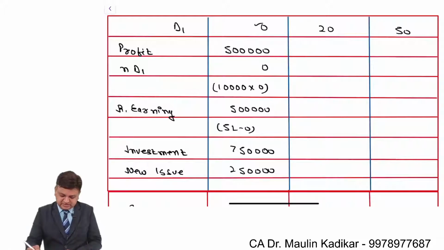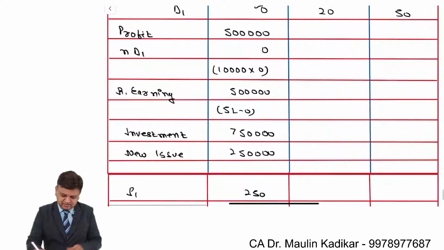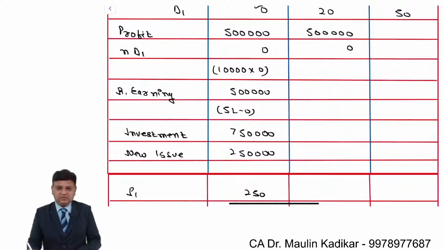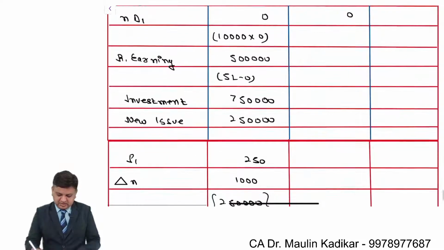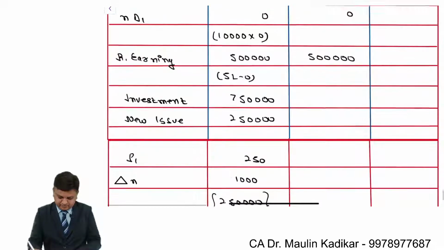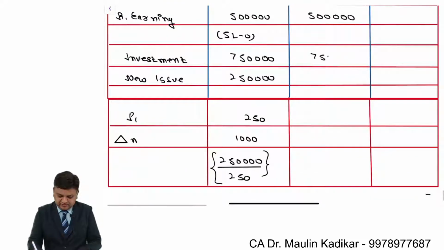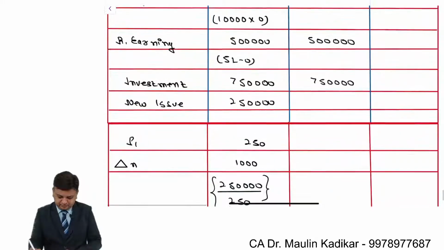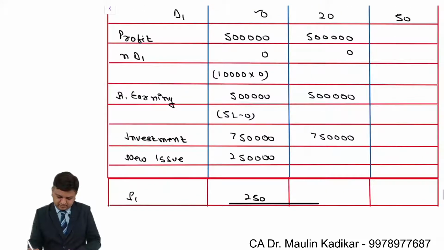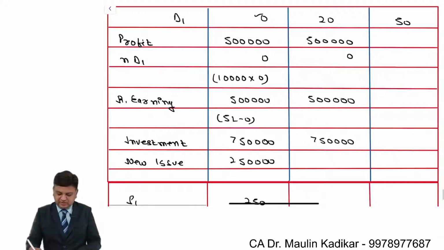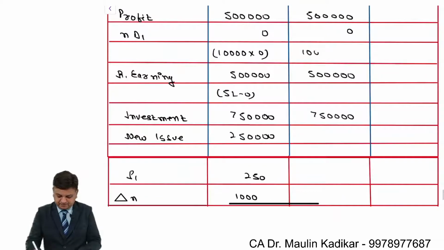This is the way the delta N can be calculated in the first situation, and so on for the remaining. Next, 20 rupees. In that, the profit of the company is 5 lakhs. Dividend is 20 rupees per share.